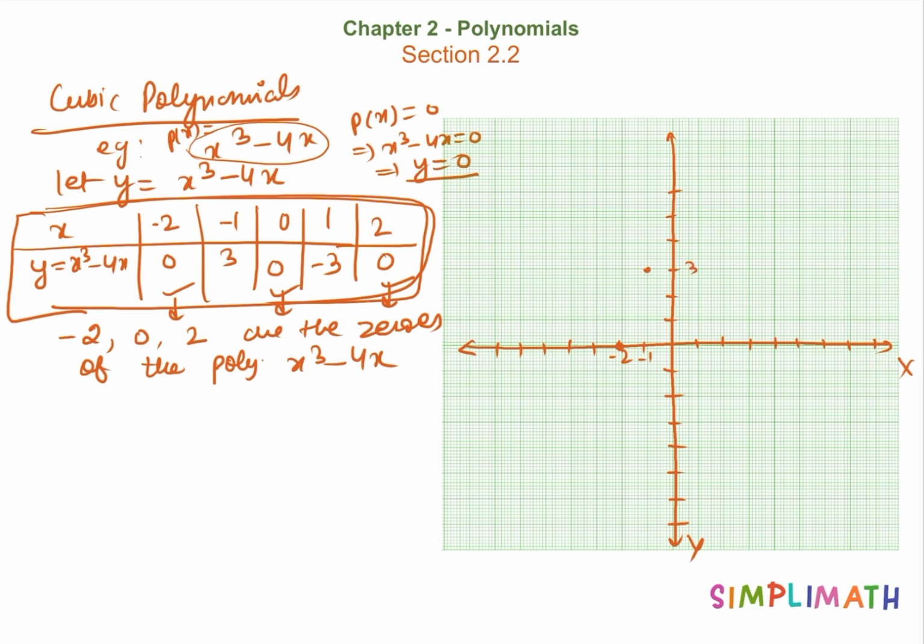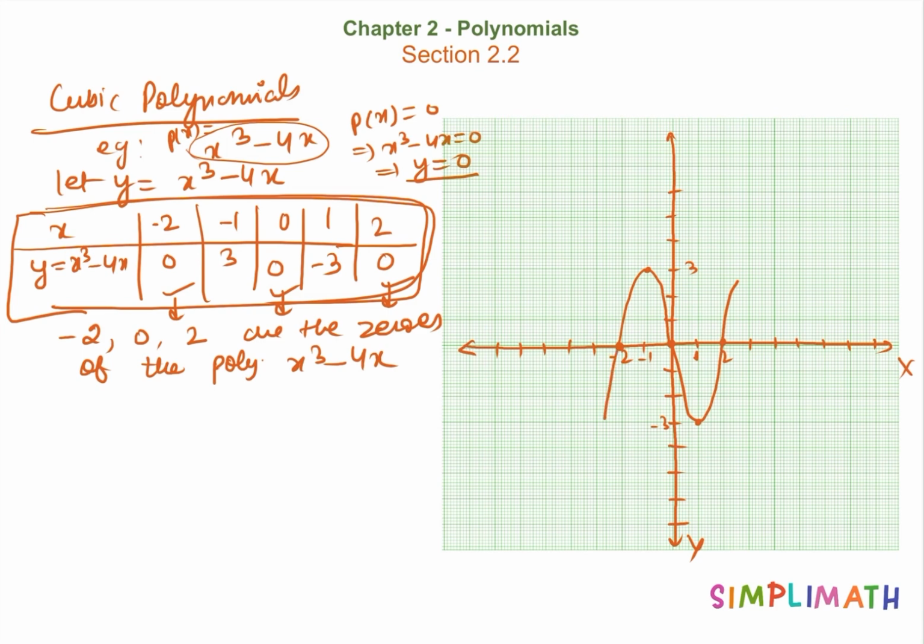This is another point. When x equals 0, y equals 0. When x equals 1, y equals minus 3. So this point, when x equals 2, y equals 0. Alright, now when we plot these points and connect these points, we get a graph like this.